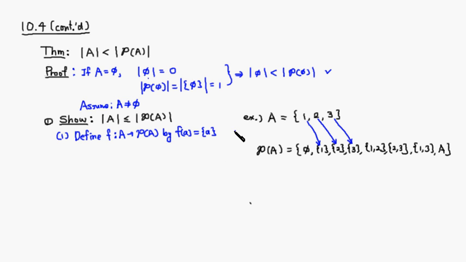This is just a definition of a function. Now we have to show that this is actually one-to-one, and it looks like it, but we have to prove it.